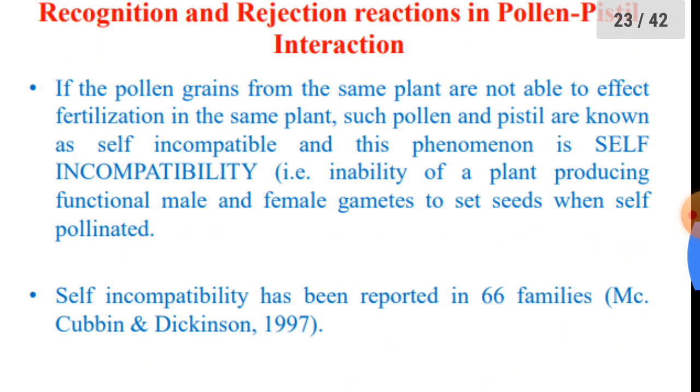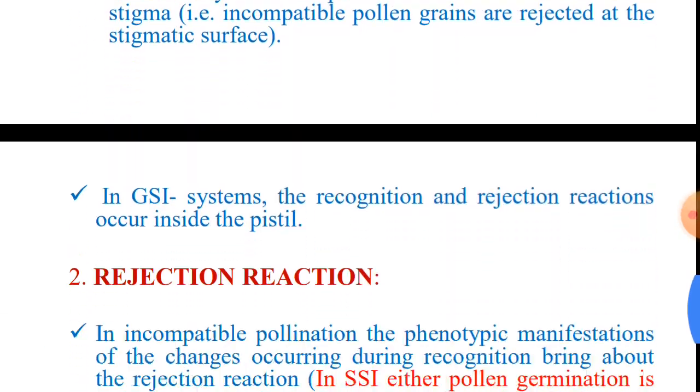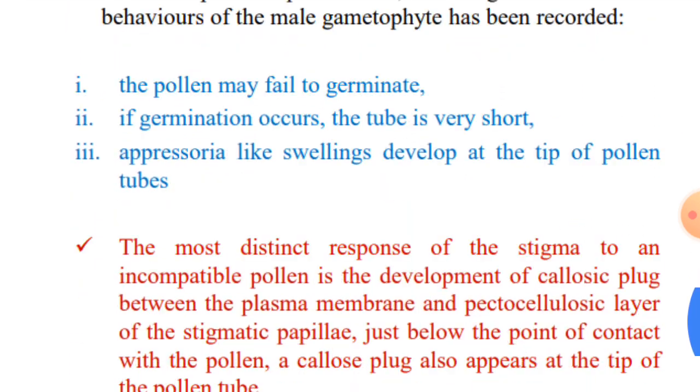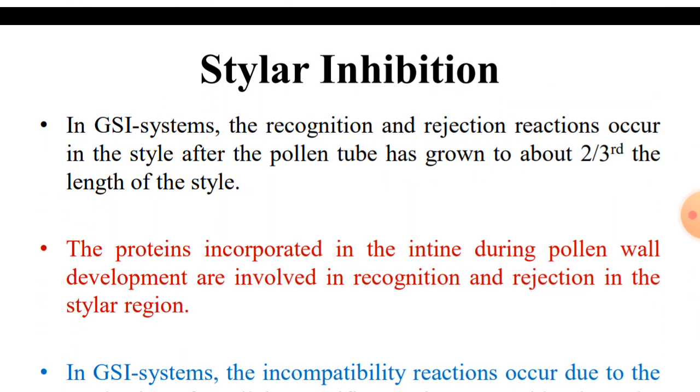Now, stylar inhibition. In GSI systems, the recognition and rejection reactions occur in the style after the pollen tube has grown to about 2/3 the length of the style.